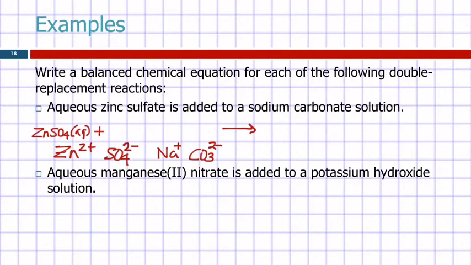The charges have to add up to 0. So I need 2 sodium ions and 1 carbonate ion. So this is going to be Na2CO3, and it says it's a solution, so aqueous. So that's from chapter 2.